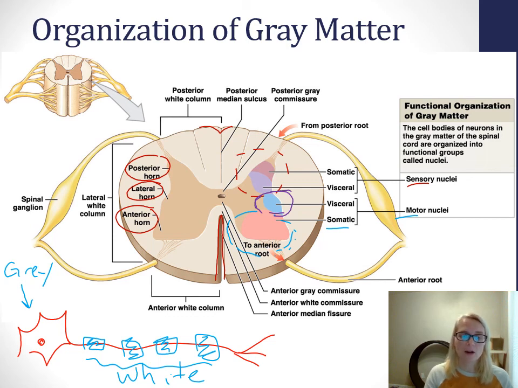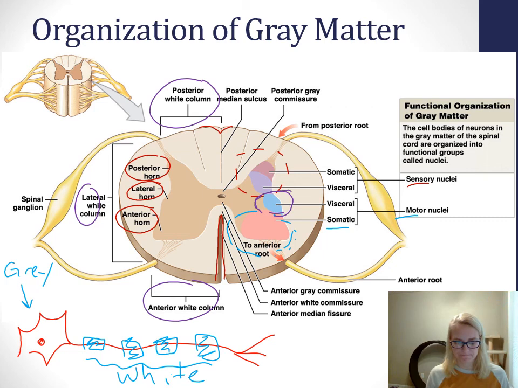Okay, and then our columns, the white columns here, we are just labeling them directionally. So we have posterior white columns, lateral white columns, and anterior white columns. Chapter 15 goes into more detail about the organization of the white columns. We are not covering chapter 15, so you don't need to know that. Really, the takeaway is knowing where they're located, right?